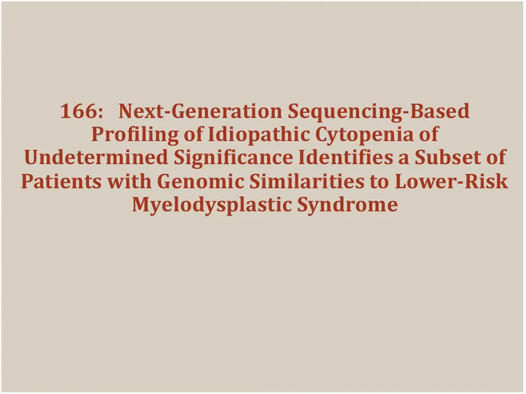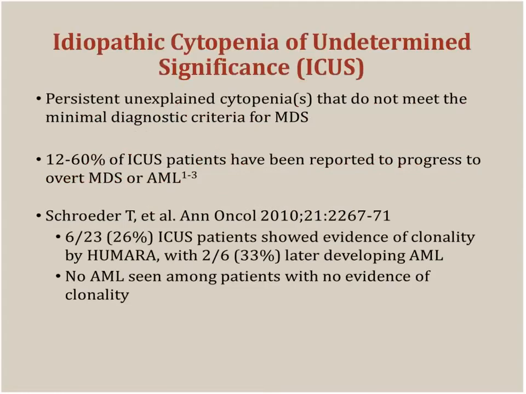In this study, they looked at patients with ICUS. These are patients with unexplained cytopenias that don't meet the minimal criteria for MDS. It's been identified in some 12 to 60% of patients who have MDS, having this antecedent period of cytopenias.